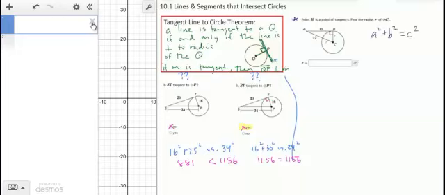Okay? Since this is a tangent and a right angle, you can calculate the Pythagorean theorem, where you take your leg r squared plus your other leg 15 squared, set it equal to your hypotenuse. Notice this whole measure is r plus 12 squared. Okay, so this is your calculation.